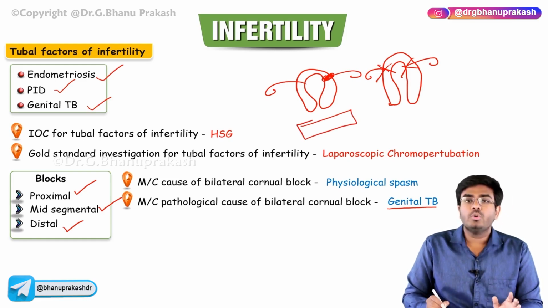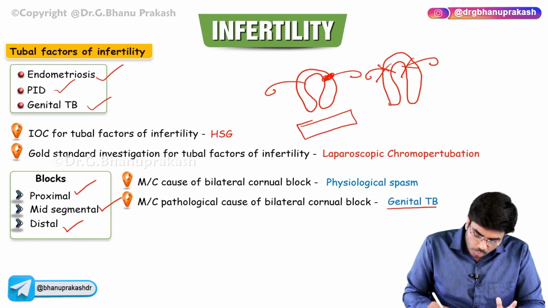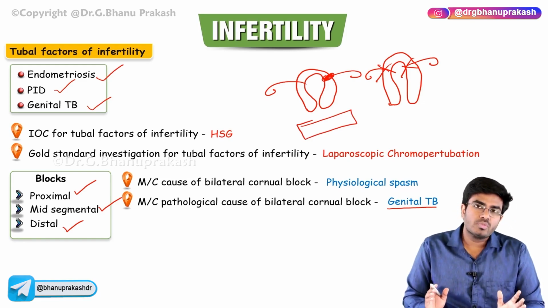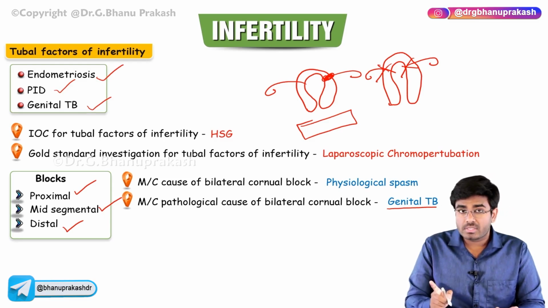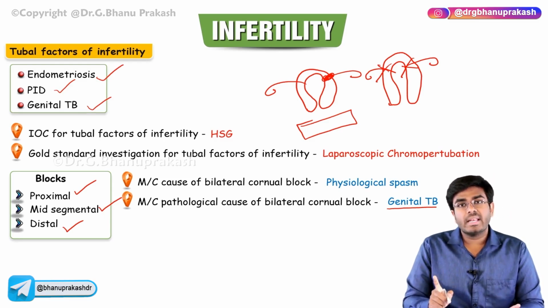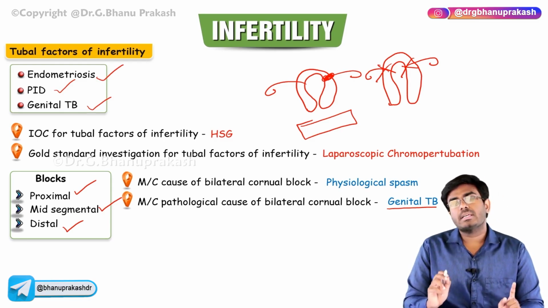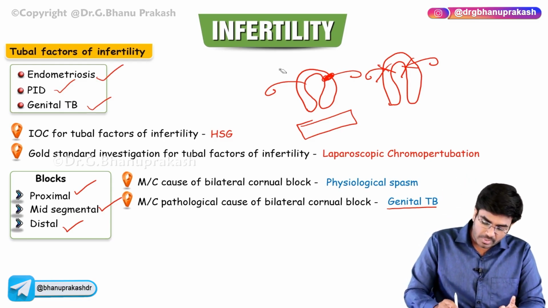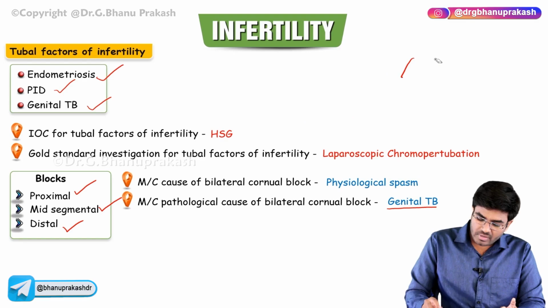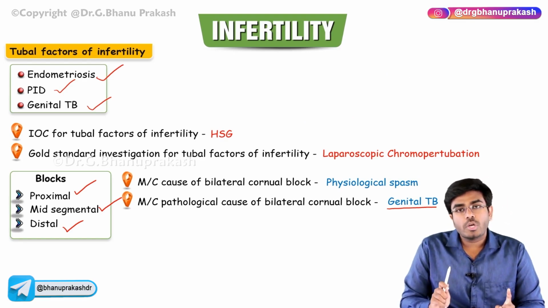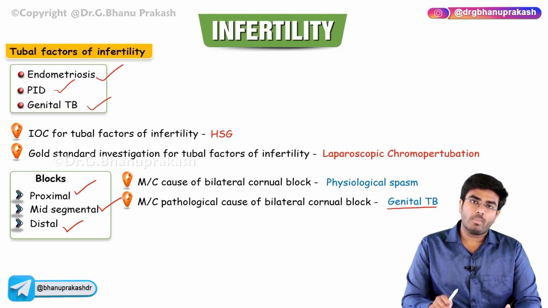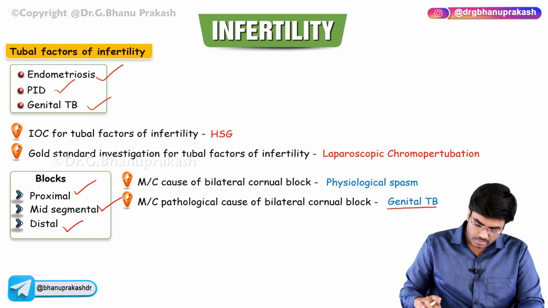We are not going to do any surgery. So unilateral blocks are usually not treated. Only if a bilateral block is there, these conditions are treated. That's a very important MCQ you need to keep in mind. And what is the most common cause of bilateral cornual block? It's physiological spasm. And the most common cause of pathological bilateral cornual block is genital tuberculosis.